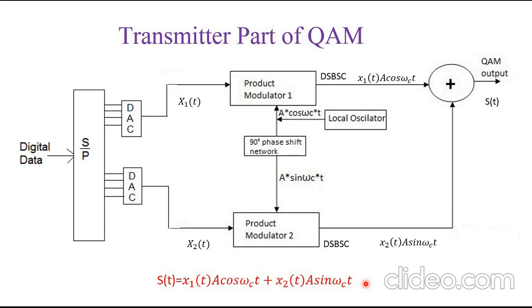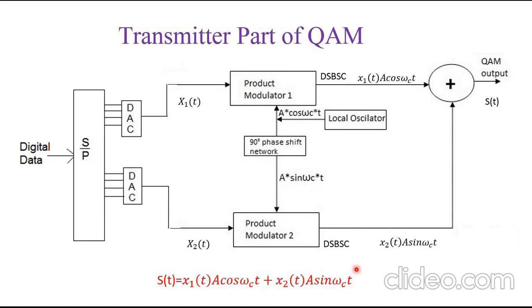Here we occupy very little bandwidth, whereas in DSBSC the bandwidth is 2fm. But here two DSBSC signals are transmitted over the same channel, so there is optimized utilization of bandwidth.